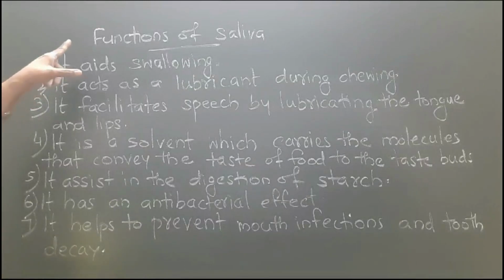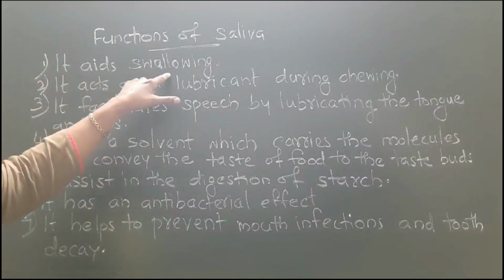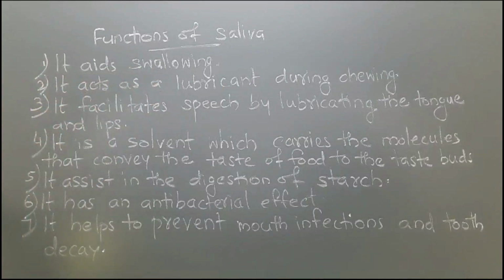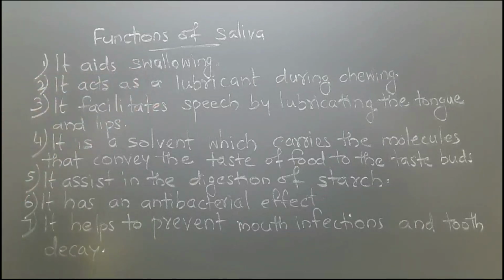Let's see the functions of saliva. Total there are 7 functions. Number 1, it aids in swallowing. Aids means helps. Saliva helps in swallowing. How does it help in swallowing?